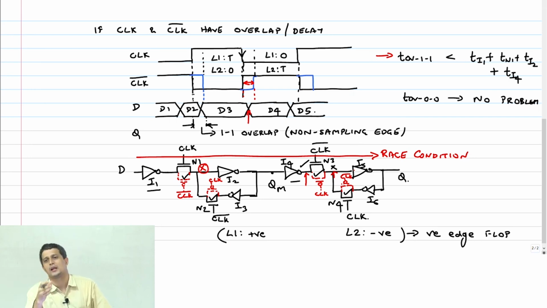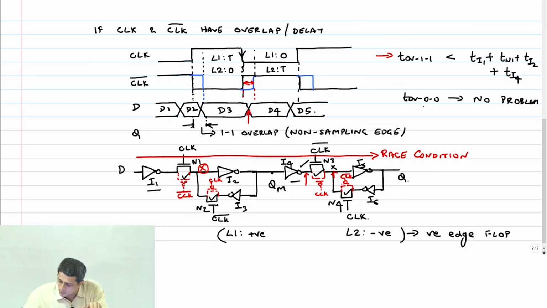So that's where this hold condition comes in. I can tell the consumer of this flop that, look, you need to hold the data after my sampling edge at least for some time. What is that time? It is this clock overlap time. If you tell the consumer that if you change the data before this hold time, then I cannot guarantee that the flop will work correctly.